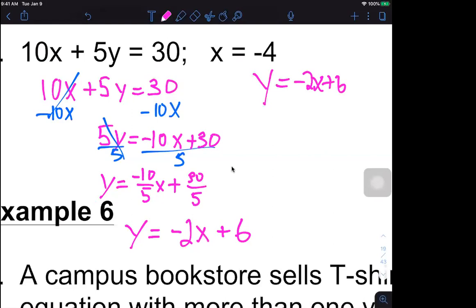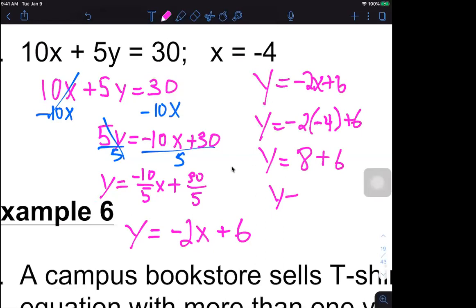Anytime we plug in, we use parentheses. We're going to plug in a -4. And Nate, since I got you on, what's -2 times -4? 8. Good. Plus 6, what do we get? 14.